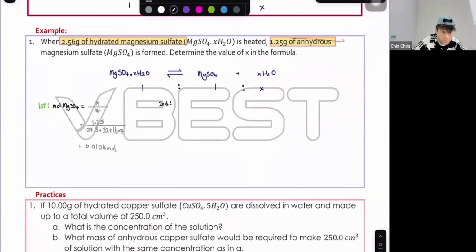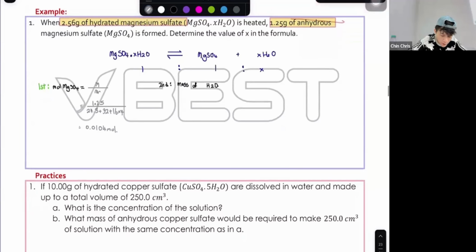Second, once you have the MgSO4, I want you to get me the mass of water. How do you get the mass of H2O? It's equal to your hydrated, the wet one, minus the anhydrous, the dry one, right?